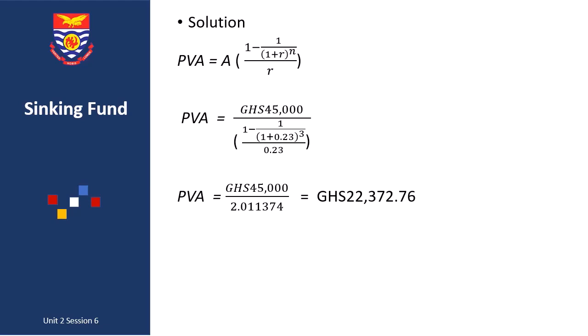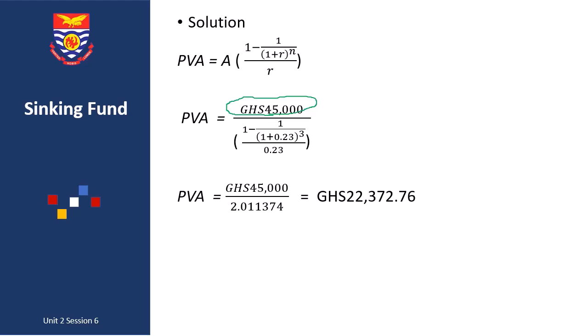So finding the present value, we use the annuity formula, 1 minus 1 over the discount factor, over R. Substituting the amount figure that was given in the question, it is 45,000. You have the rate to be 23% and the year that he will roof the house is the 3rd year, so n equals 3.